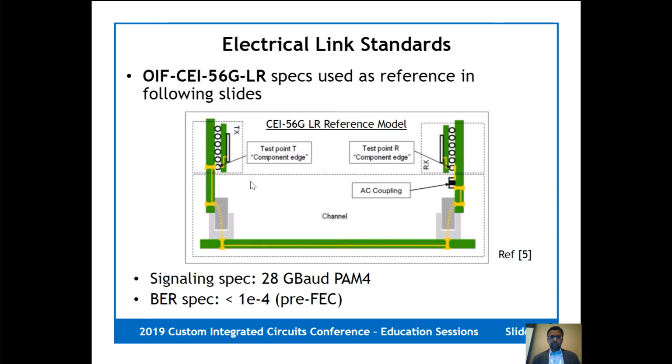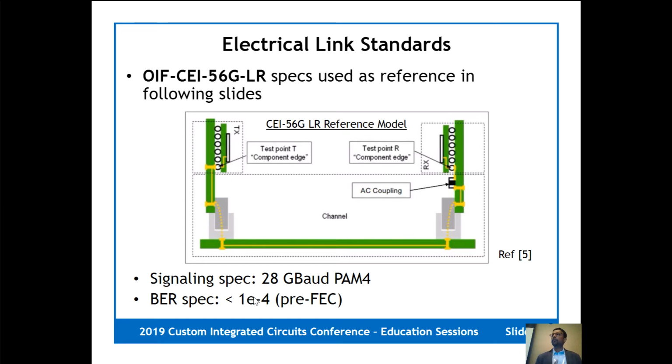So here, the target baud rate is 28 gigabaud PAM4 to meet the 56 gig aggregate data rate. And the bit error rate spec is 1E-4, the raw bit error rate spec. And there's some differences in this target bit error rate spec depending on the reach of the channels. For example, CEI 56 gig VSR has a more stringent target of 1E-6.